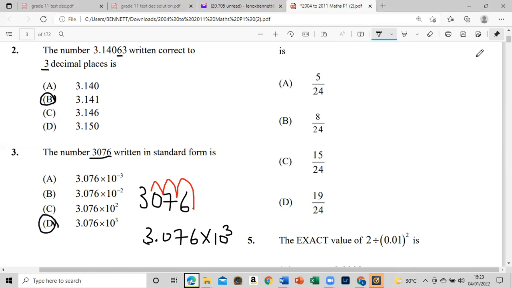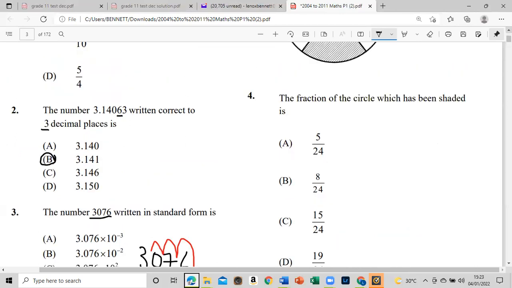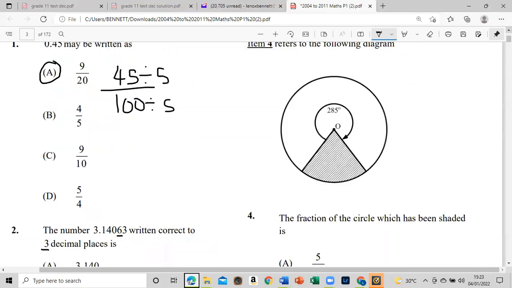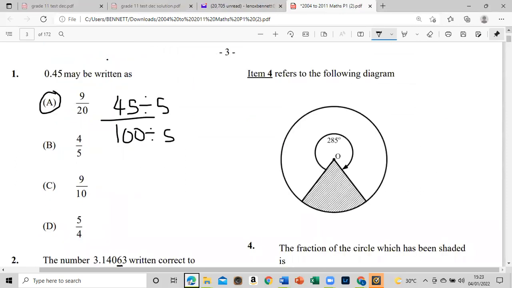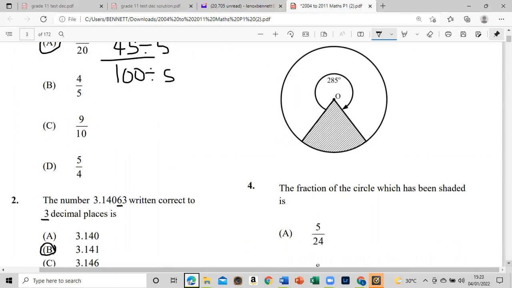Let's move on to number 4. Number 4 refers to the following diagram, the fraction circle. The fraction of the circle which has been shaded is... the shaded part. So we know that the entire circle measures 360 degrees.